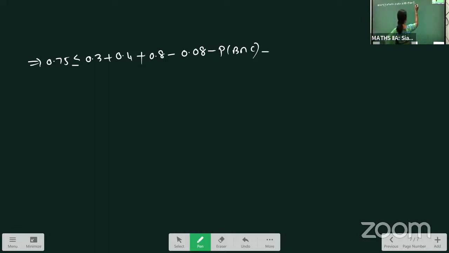Minus P of A intersection C is 0.28 and plus P of A intersection B intersection C value is 0.09, which is less than or equal to 1.